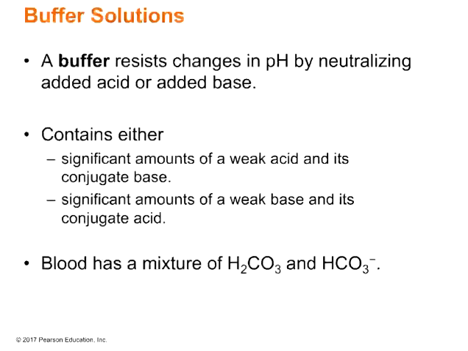So a buffer resists changes in pH by neutralizing added acid or added base. And buffers are really useful for many different applications. When I was doing research, we tried to keep the pH of our solutions around the same pH as animals and humans.